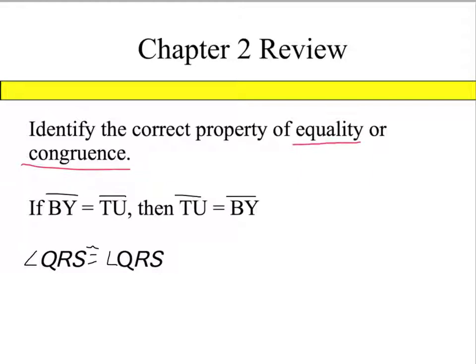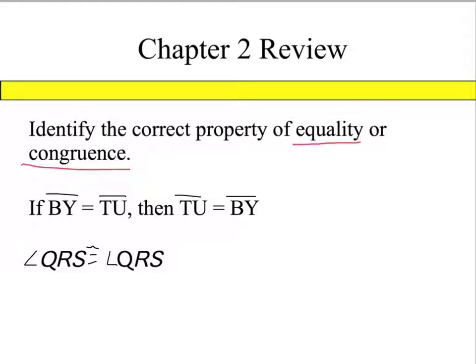All right, so this very first one: if BY is equal to TU, then TU is equal to BY. Well, if you look at that, that's a mirror of one another, right? A mirror. It's also got that equal sign, and that's the difference between equality and congruence, that equal sign.